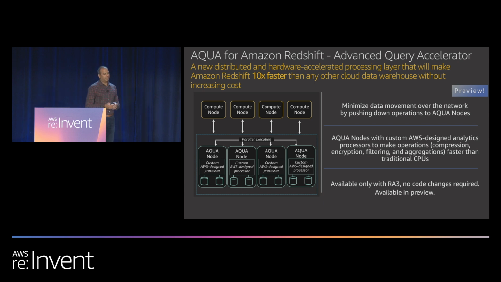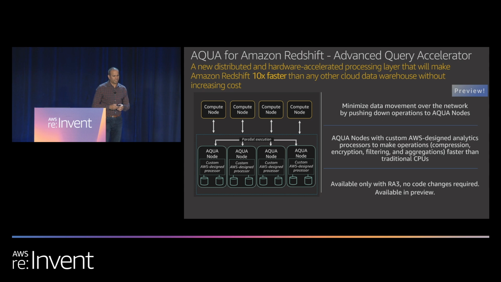But under the covers, we will have a fleet of Aqua nodes that are purpose-built with AWS-designed hardware and processors. And these cache nodes will also have the ability to run compute. So operations like filtering, scanning, compression, encryption, and even aggregates will run on these nodes, so that less data moves from these nodes back to the compute node, because a lot of that computation happens on these nodes themselves.